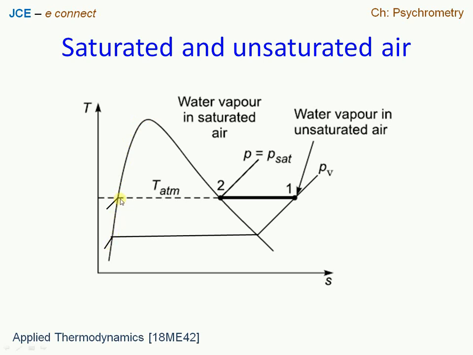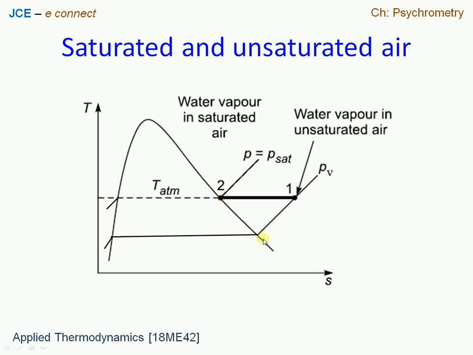At this point we have the saturated liquid point, and as we go on adding heat to the system, there is vapor formation, and then all the liquid gets converted into vapor at state point 2. So this is the dry saturated curve. This is the point of interest here, where condensation begins at point 2 if there is any further cooling from this.